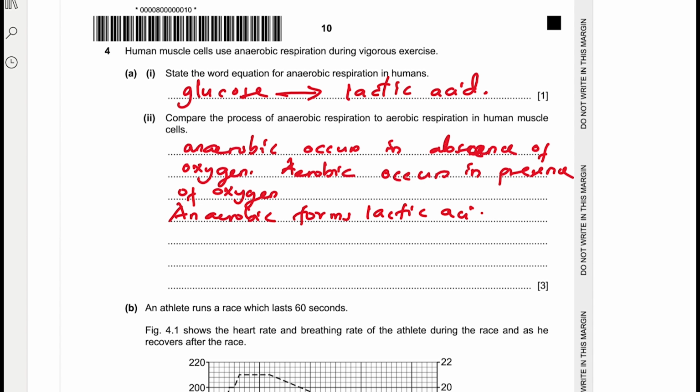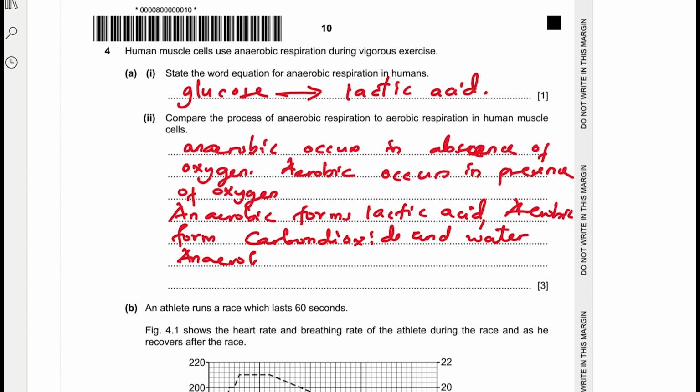Alright, lactic acid. But aerobic forms carbon dioxide and water. That's another difference. Another one is that anaerobic yields less energy than aerobic. Alright, so those are some comparisons between aerobic and anaerobic.